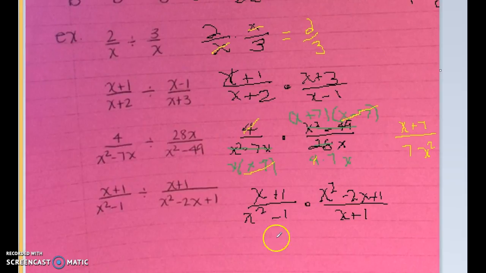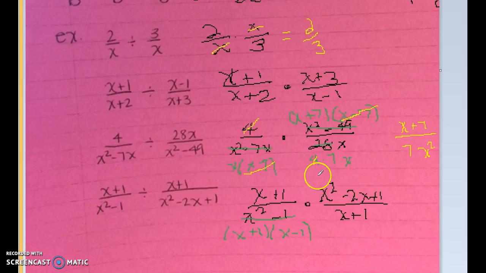So we need to factor. X plus 1 doesn't factor. X squared minus 1 is a difference of squares, so we have (x plus 1) times (x minus 1).